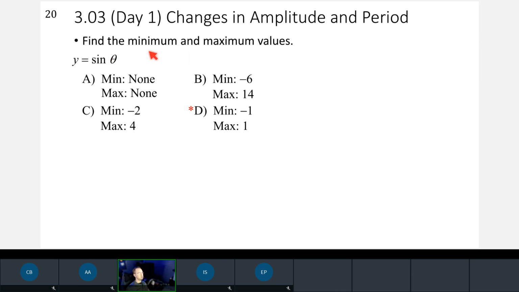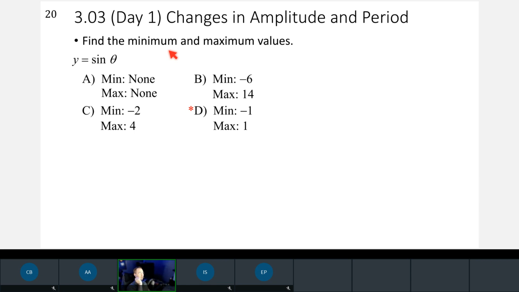Find the min and max values. So y equals sine of theta. So you want to graph this in probably GeoGebra, but remember, this is our last unit here, and this creates a sine wave. Min and max, those are the amplitudes from the midline. So if you know your midline, there's no shift, it's just y equals 0.